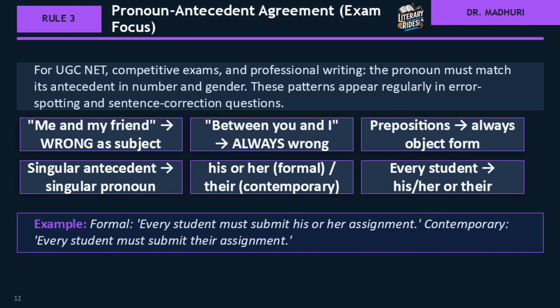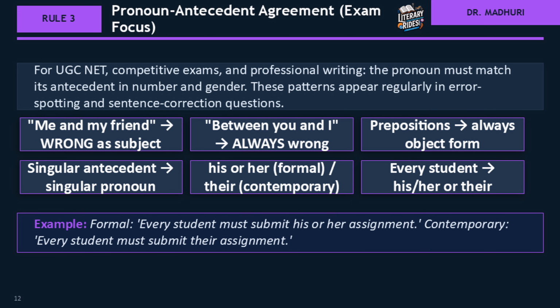For those preparing for UGC NET, competitive examinations or professional communication, pronoun case errors appear regularly in error spotting and sentence correction questions. The most tested patterns are me and my friend constructions, always wrong when used as subject. Between you and I, always wrong. Prepositions take object forms.